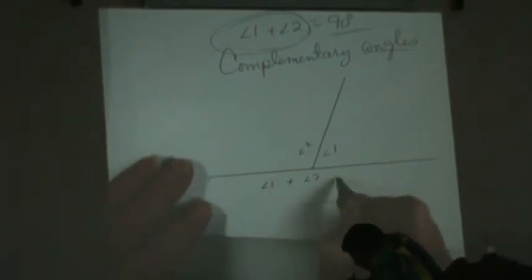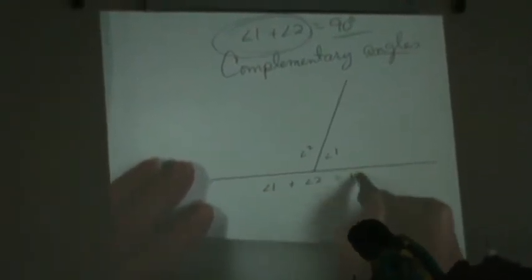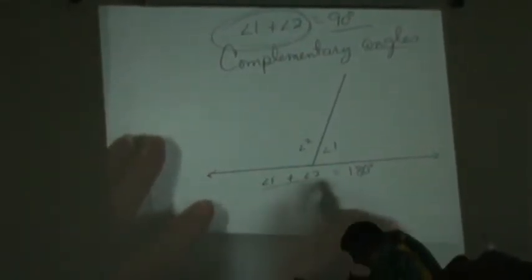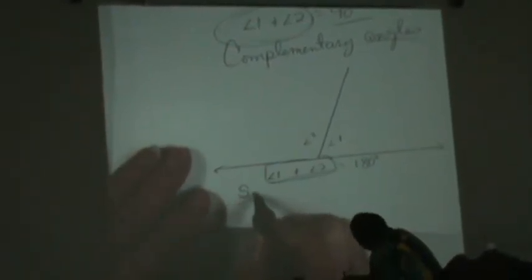These 2 angles add up to what? 180 degrees, which is a straight line. These 2 angles are supplementary. So if it adds up to 180, they're supplementary. If the 2 angles add up to 90, they're complementary.